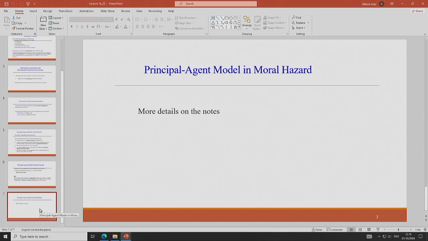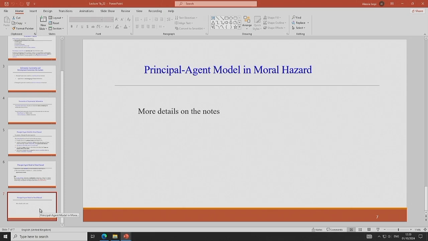If he accepts the contract, immediately after, he exerts the level of effort, which can be 0 or 1. In the next moment, Q is realized and can be Q upper bar or Q lower bar.